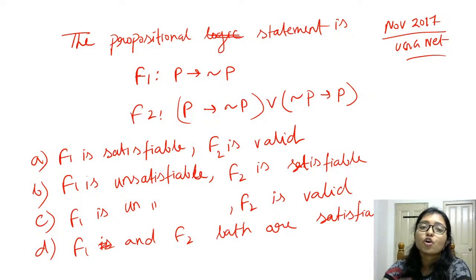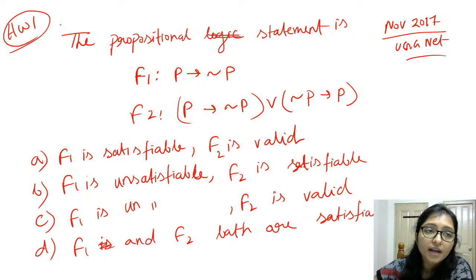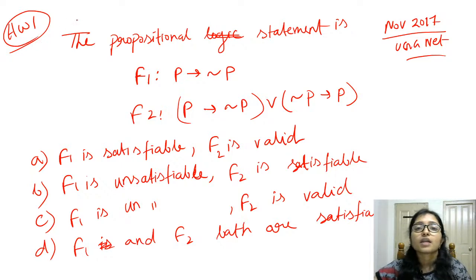Okay, this is your first homework, homework number 1. The propositional statement is F1 equals P implies not P, and F2 equals P implies not P or not P implies P. Option A is F1 is satisfiable, F2 is valid.